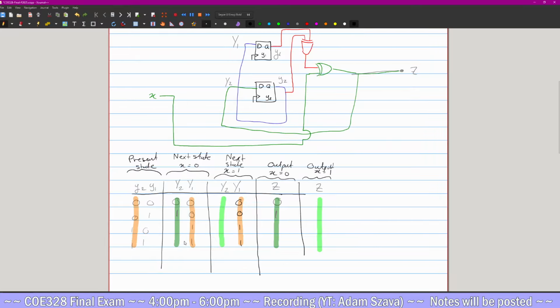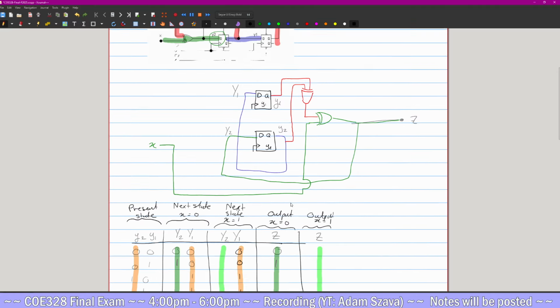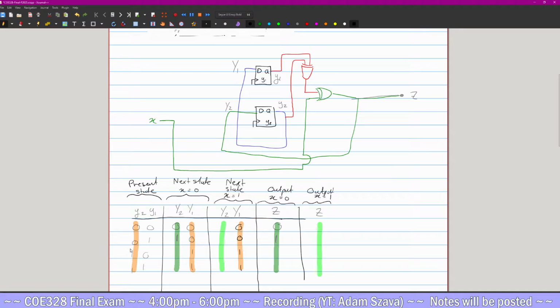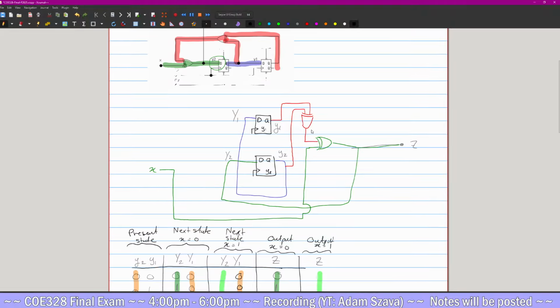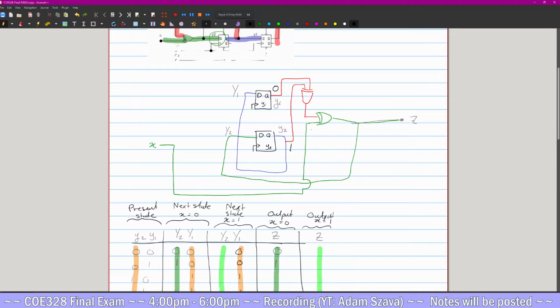So let's see what the next one is. The next part will be for inputs present state 1, 0, where x is 0. Similar kind of thing. We have 1, 0 like that. Just keep track of which one is y2 and which one is y1.